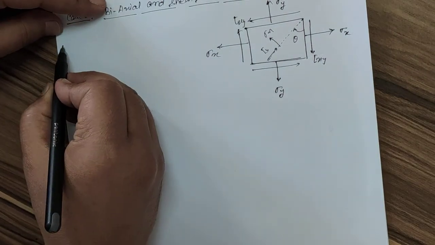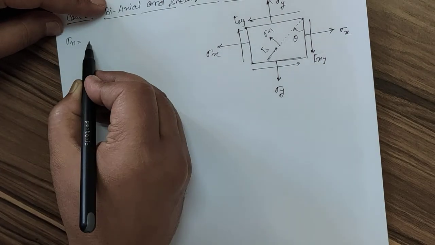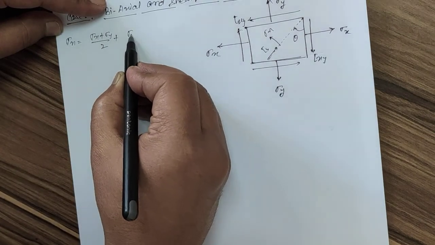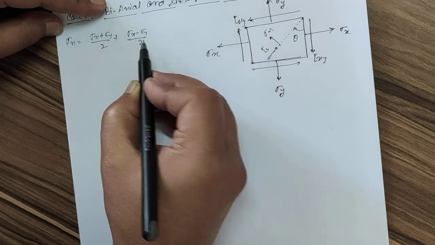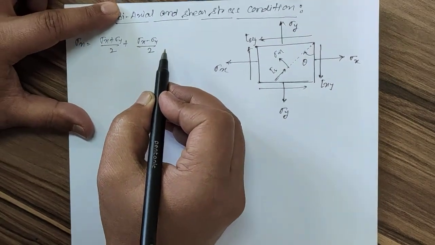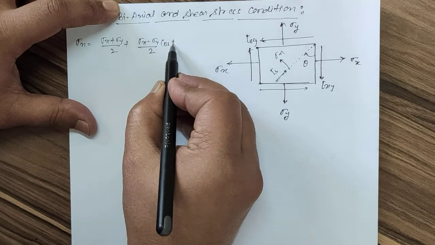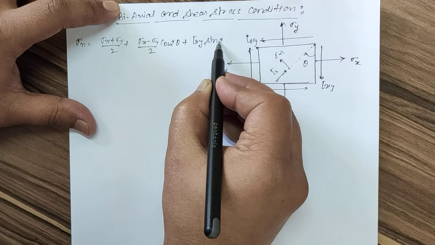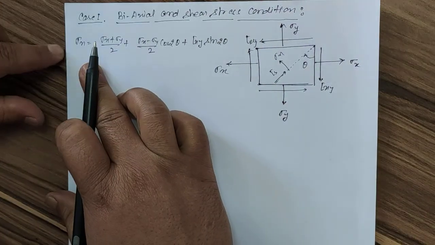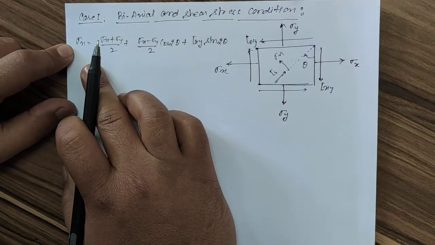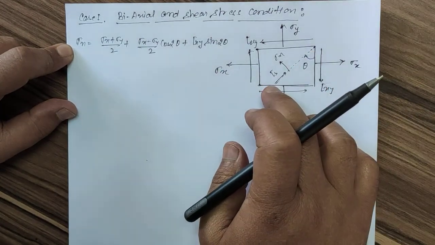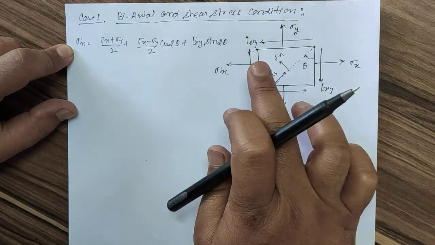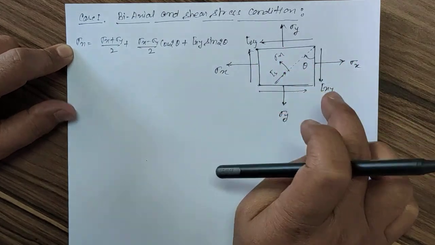Then we have derived two formulas: sigma n is equal to sigma x plus sigma y by 2 plus sigma x minus sigma y by 2 cos 2 theta plus tau xy sin 2 theta. This is the value of normal stress on a particular plane when the element is subjected to biaxial and shear stress condition.